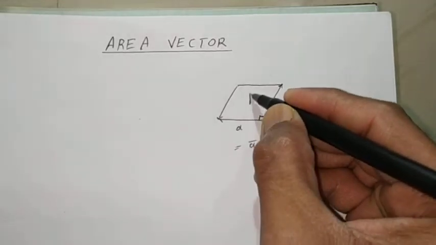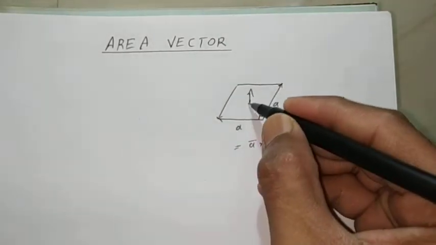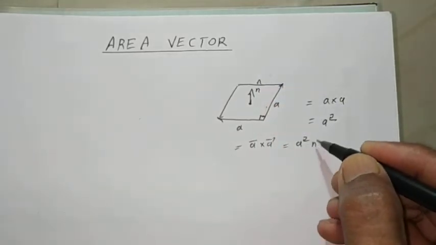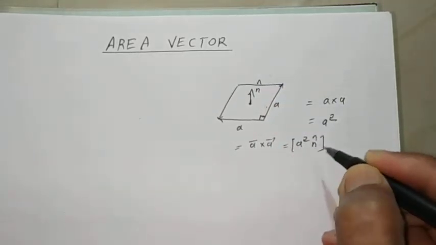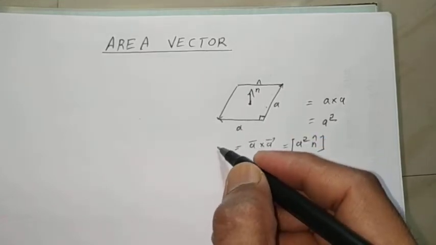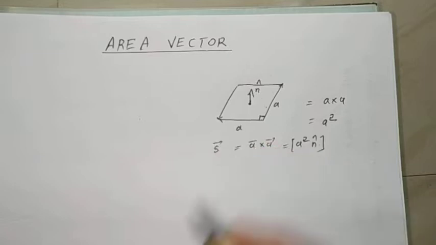This perpendicular direction is the direction of the area, and its magnitude is a square. If I show this perpendicular direction with an arrow and name it n cap, then a square with n cap is the complete vector product of a, and this is written as the area vector S.